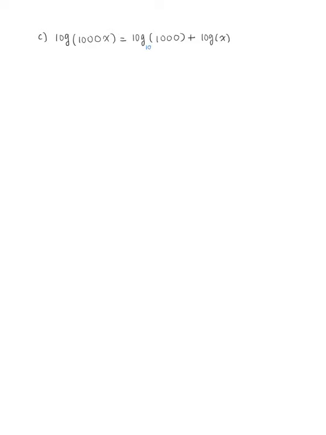Can I write 1000 in terms of base 10? I think so. Isn't it 10 to the third power? So I'm going to rewrite this as log of 10 to the third, and then plus log of x. So here you're going to have 3 plus log of x. And that's it.